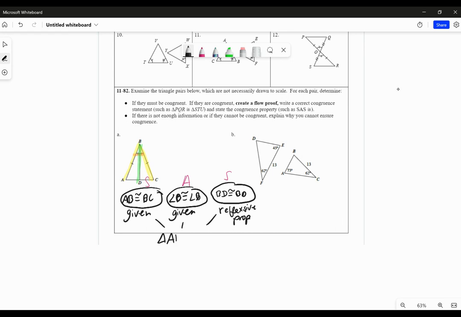Triangle A, B, D is congruent to triangle, this is a congruency symbol. Now, if it's ABD, it's got to be CBD. Now we're going to line up those vertices. And how do I know that? Side, angle, side. So that's what you're going to do for this one over here, is you're going to do a flow chart.